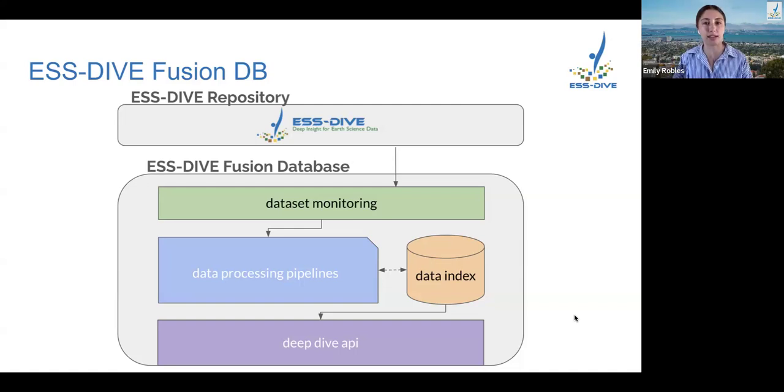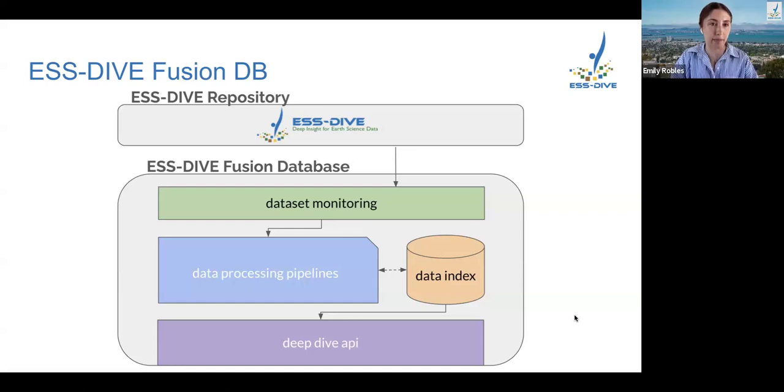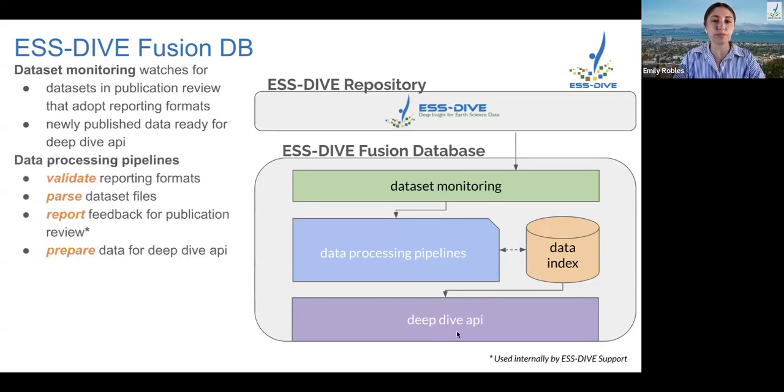And this whole process allows for advanced search of extracted data through something called the Deep Dive API, which is this last step. So we begin in this data set monitoring, which watches for data sets in the publication review process that are using reporting formats. And it also checks for newly published data that's ready for this last step in the Deep Dive API.